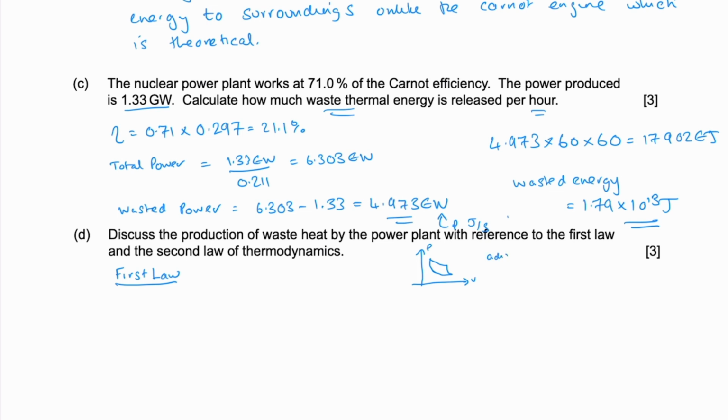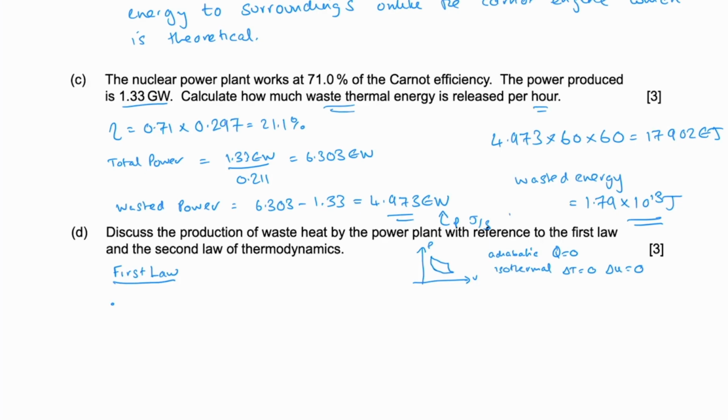For adiabatic, we're looking at Q equals 0, and for isothermal, we're looking at the change in temperature equals 0, so the change in internal energy equals 0. The first law is Q equals delta U plus work done. And because we've got these isothermal expansions, we assume that the change in internal energy is 0. So if we take this first law, that means that any net heat in the system is equal to the net work of the system.